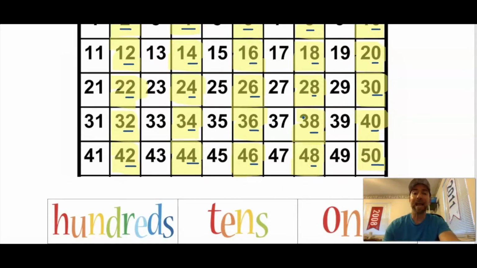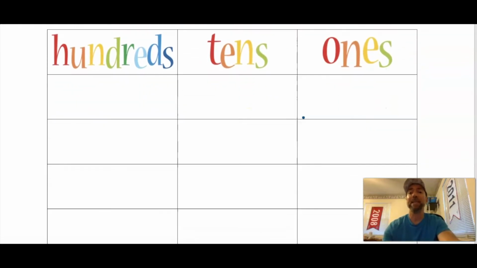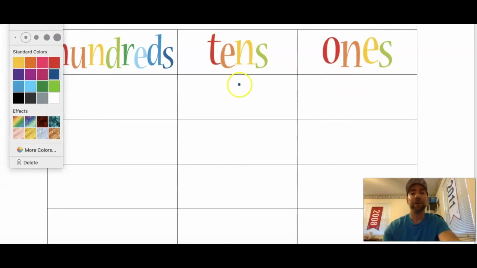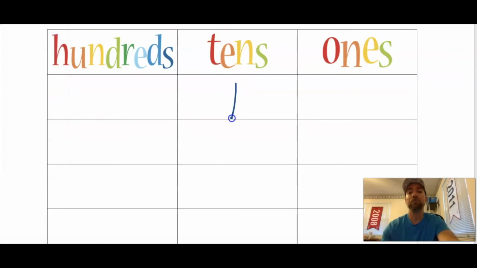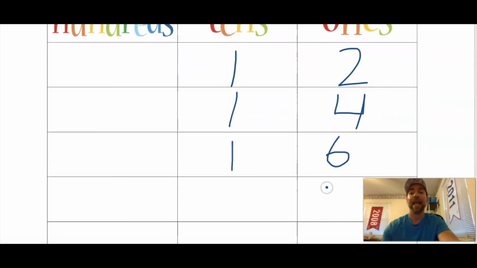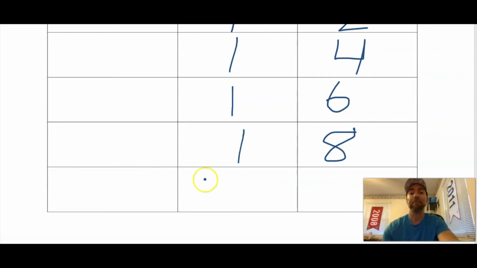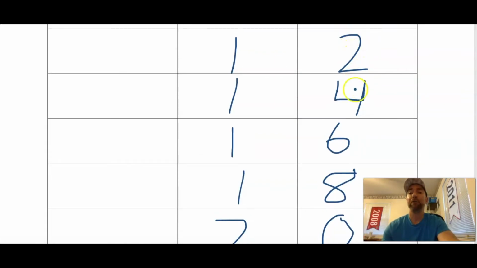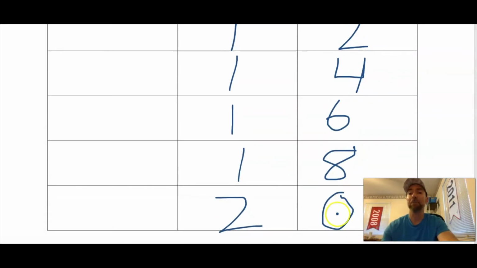So let me write down some of those numbers for you so we can take a better look at the patterns. So we had the number, let's go 12, 14, 16, 18, 20. You can see in my ones place, I have 2, 4, 6, 8, and 0.